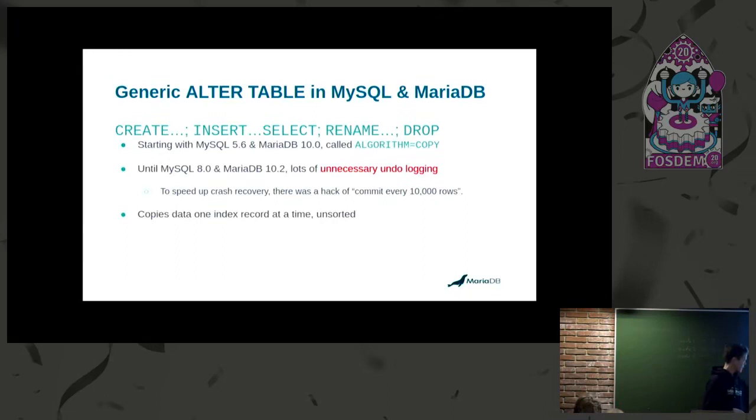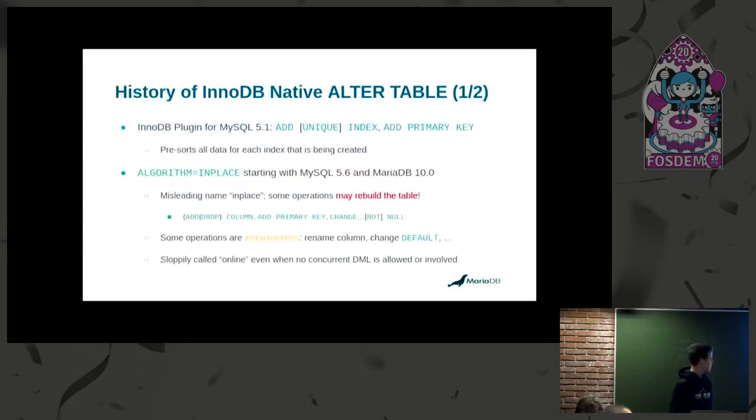And this is copying the data one table row at a time for each index. So there is no sorting taking place. So it will basically insert the data in random order to each index. Not very efficient. And then we got this native alter table. It started with the InnoDB plugin for MySQL 5.1.